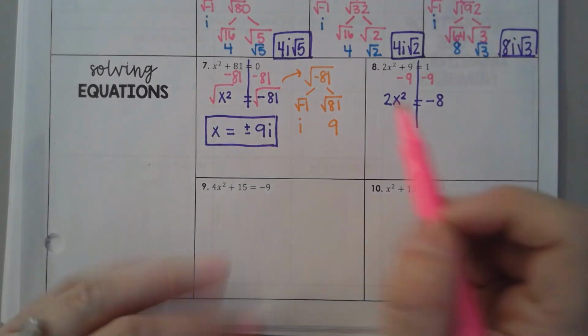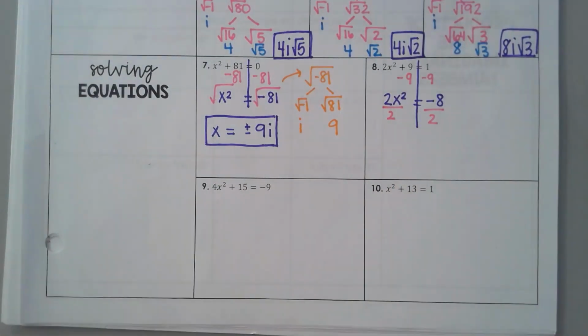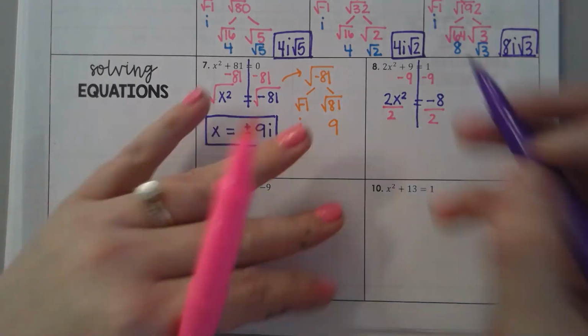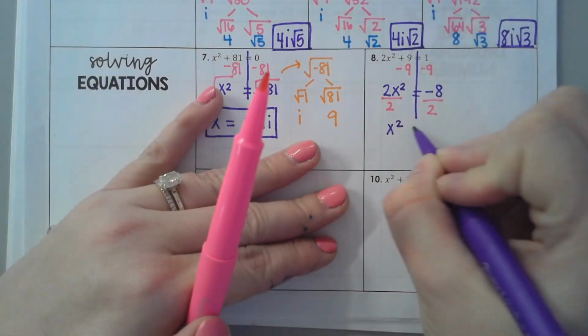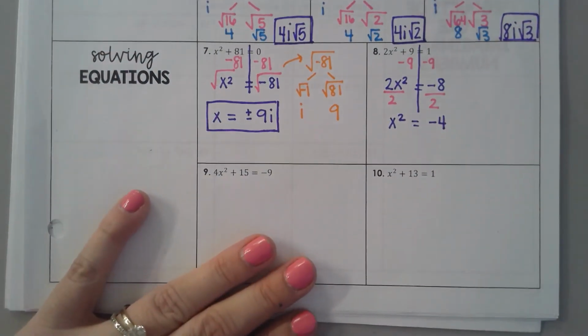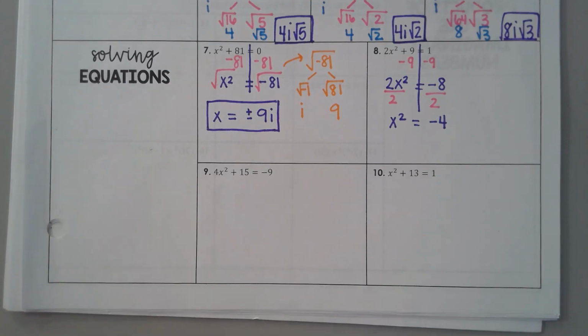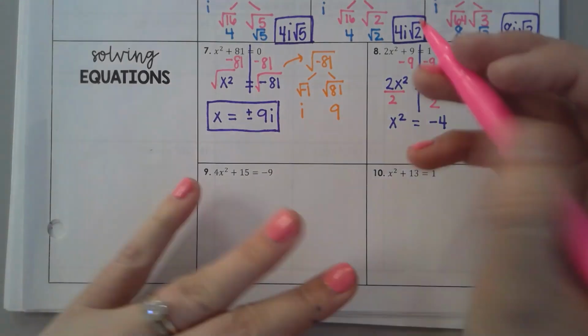There's still a 2 in the front, so you have to divide by 2. And that gives us x squared equals negative 4. Then what? Now I can take the square root.